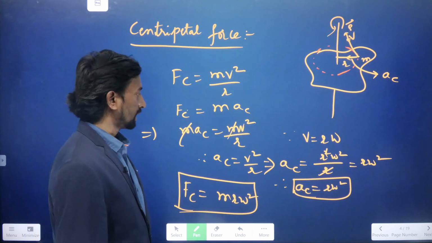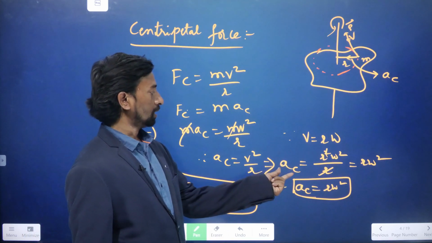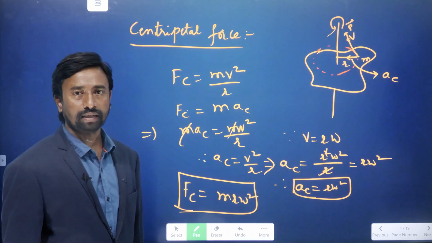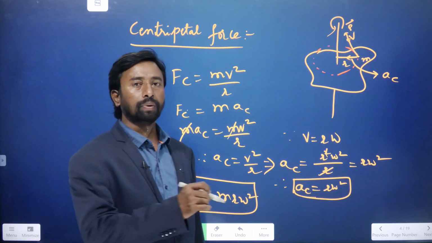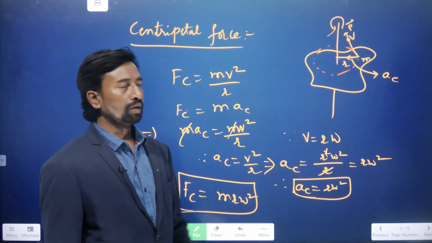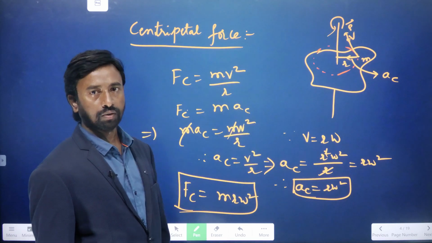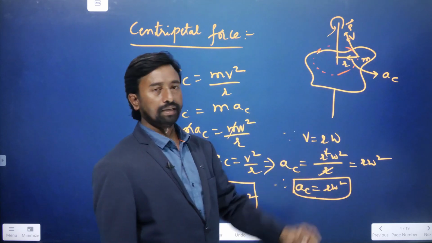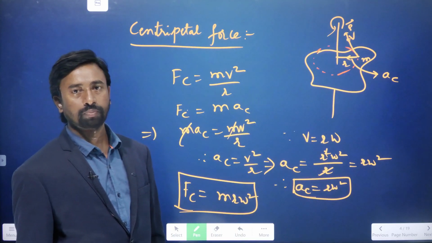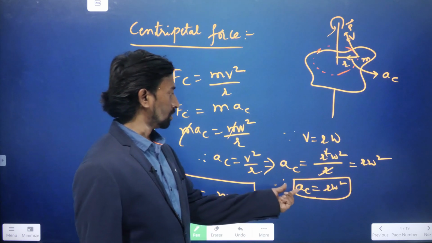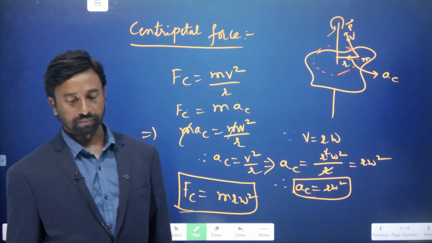Now the centripetal acceleration is nothing but the acceleration acting on the particle when it is rotating in a rotatory motion about a fixed axis. Along the radius, an acceleration takes place on the body. That acceleration is called the centripetal acceleration.